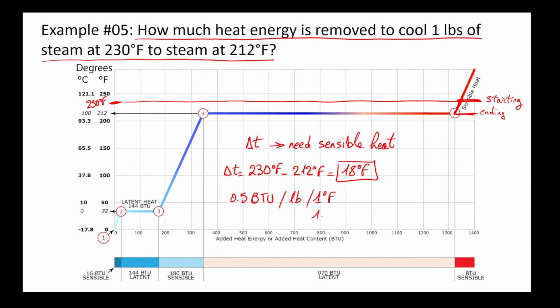To change 18 degrees Fahrenheit, you need half of 18, which is 9 BTUs. So to go from 230 degrees Fahrenheit to 212 while it is steam, and it didn't condense, you need 9 BTUs. All right, so that's for question number 5.